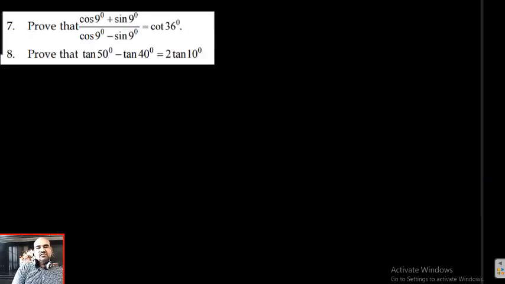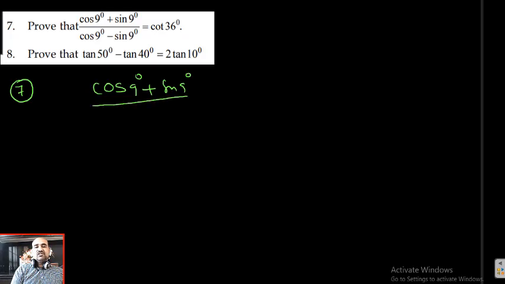Next question, 7th question. Cos 9 degree plus sin 9 degree by cos 9 degree minus sin 9 degree. I want to convert all in terms of tans. Numerator and denominator are divided by cos 9 degree.